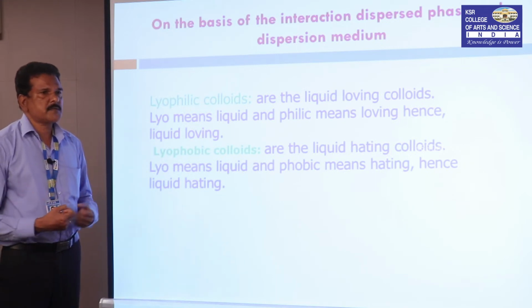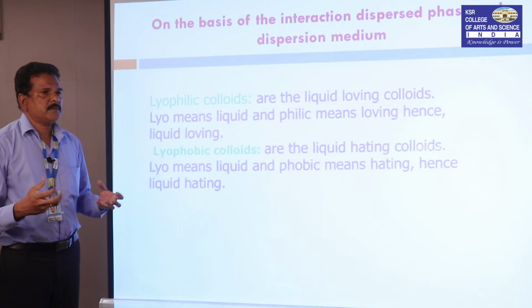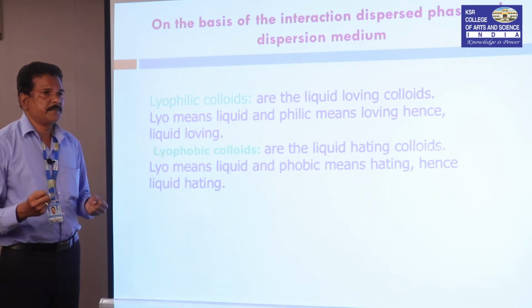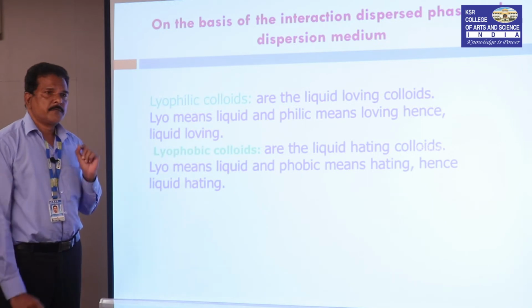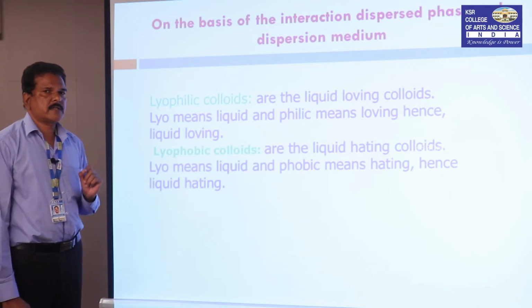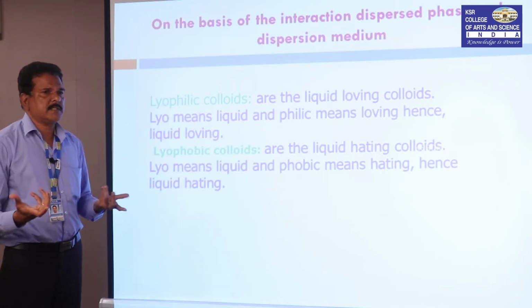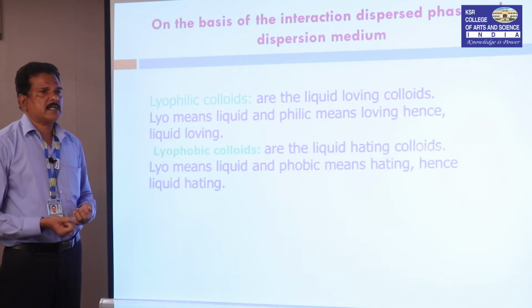So there is a force of attraction between the 2 components, the dispersed phase and the dispersion medium. So that is what lyophilic colloids are. Examples are starch and gelatin. Lyophilic means attraction or liking.